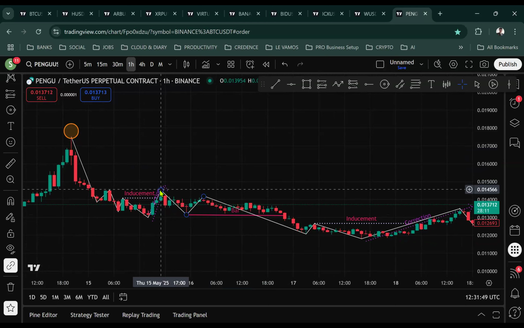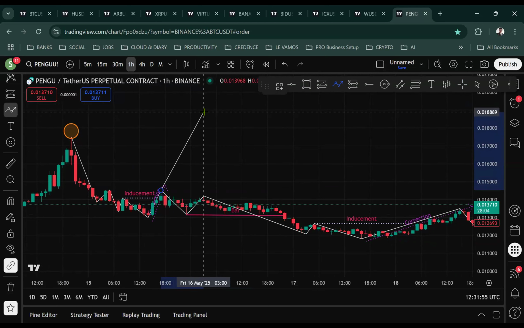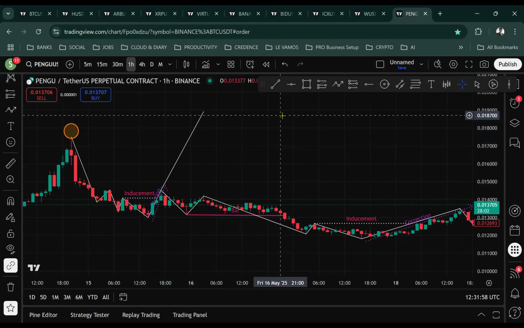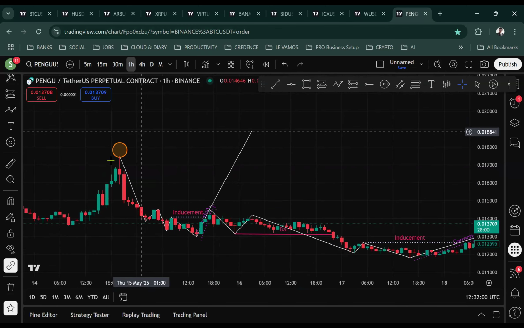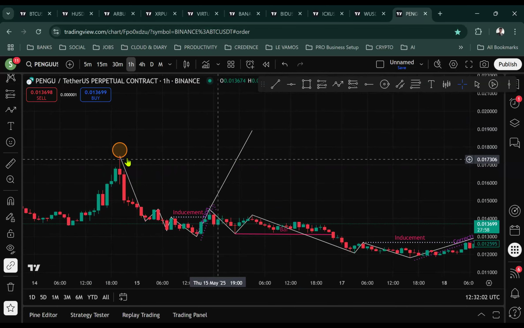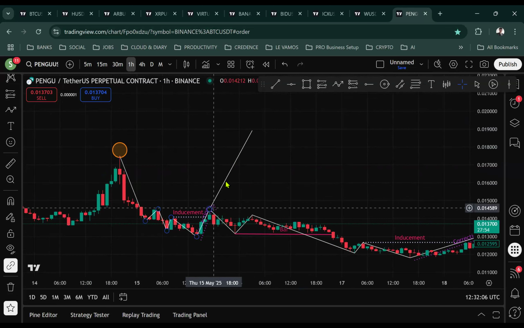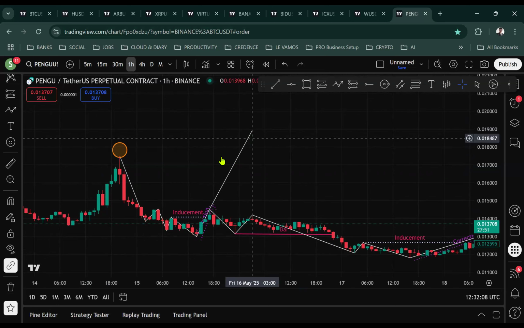Suppose this correction moved like this, then there may be a chance of trend change, because it's already crossing this point of origin, correct?